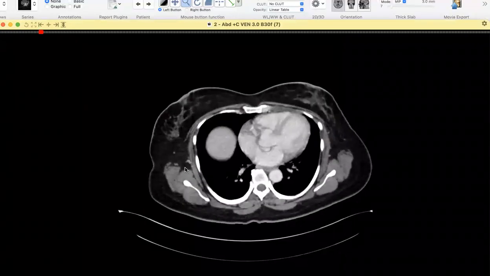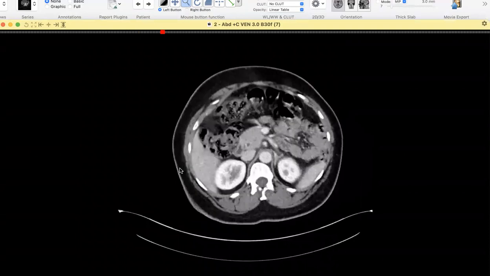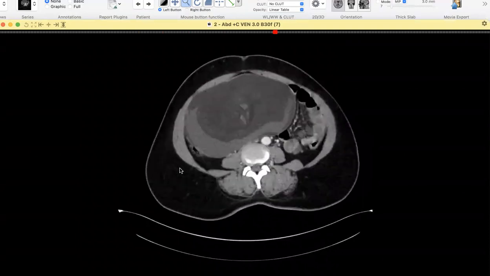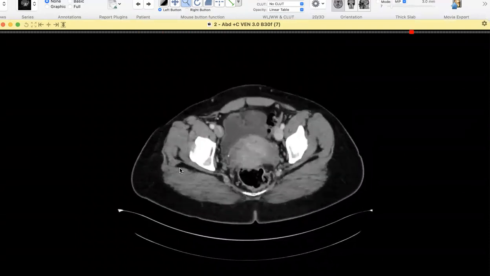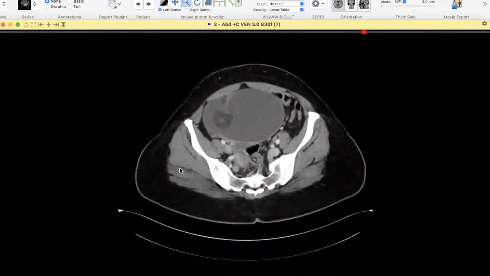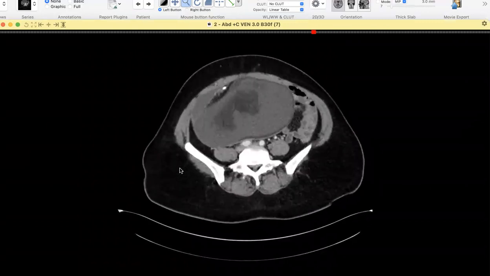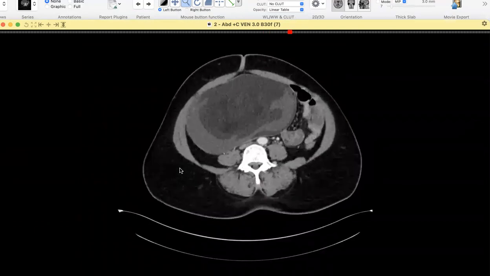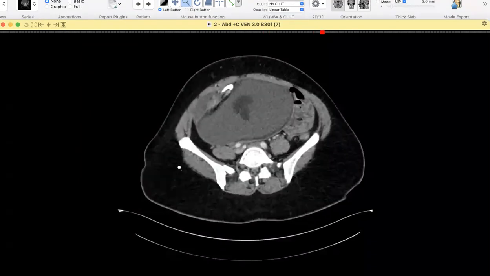Fine. We did a CT actually. So does it confirm your findings? Yeah, there is a large heterogeneous cystic mass with internal calcification seen in the center, originating from the right adnexal region extending into the abdomen.